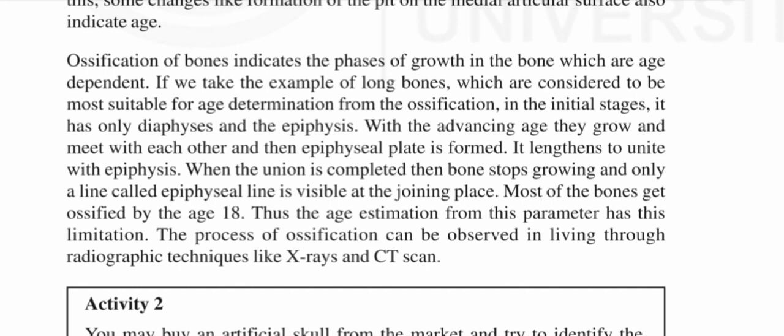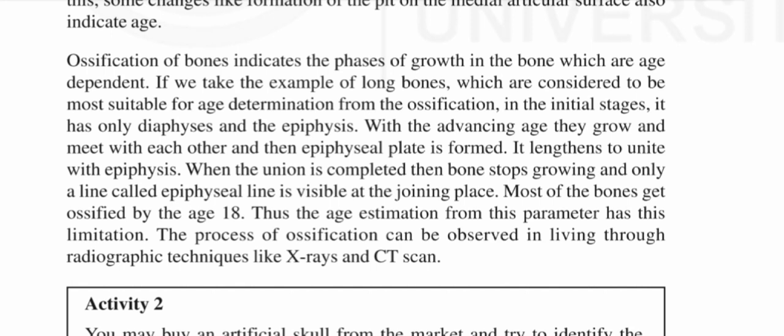If we take the example of long bones, which are considered to be most suitable for age determination from ossification, in the initial stages it has only diaphyses and epiphyses. With the advancing age, they grow and meet with each other, and then the epiphyseal plate is formed. It lengthens to unite with the epiphysis.